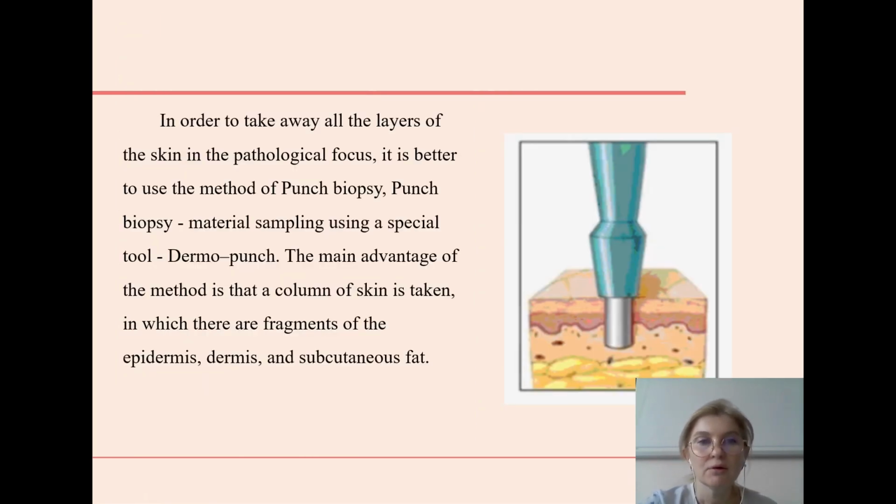In order to take all the layers of the skin in the pathological focus, it's better to use the method of punch biopsy. Punch biopsy is material sampling using a special tool, a dermopunch. The main advantage of the method is that a column of skin is taken in which there are fragments of the epidermis, dermis, and subcutaneous fat.